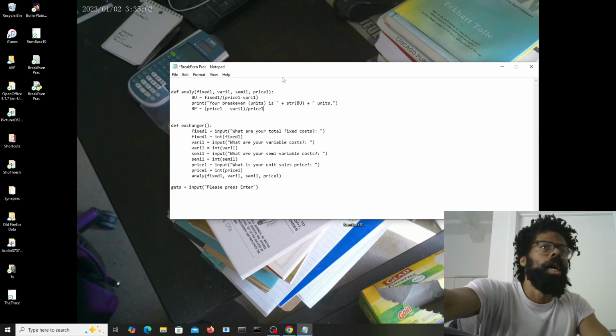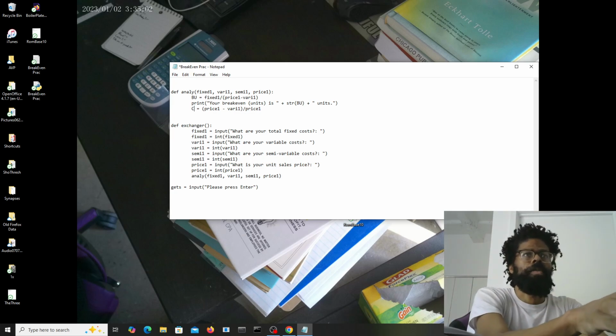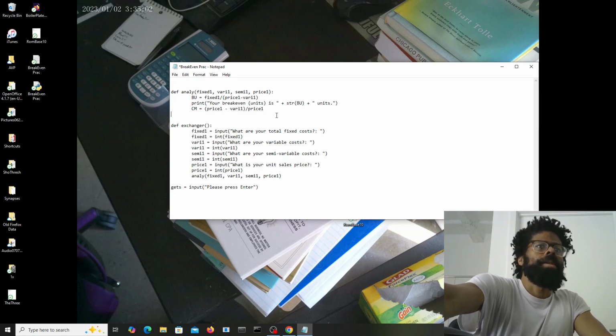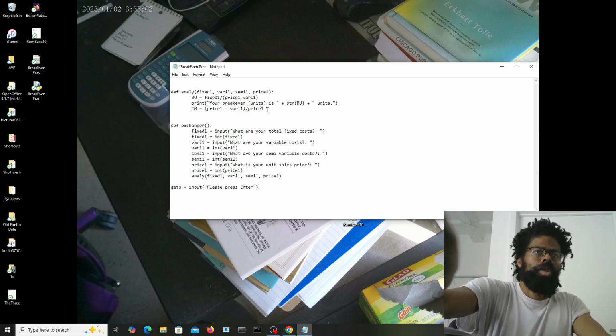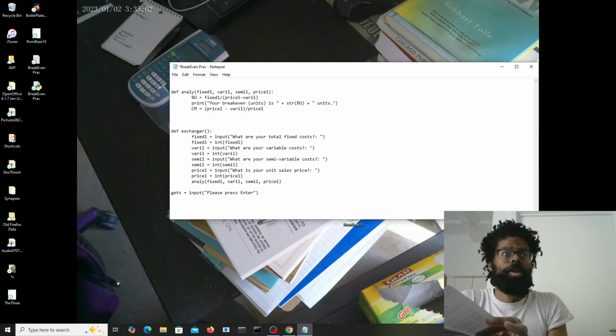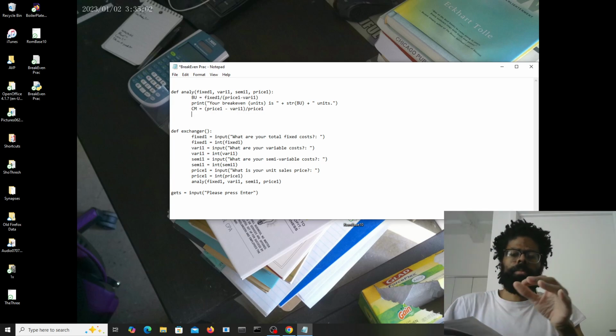Okay. So now this is not the break-even point for price. This is the contribution margin. So the break-even point in dollars equals fixed cost divided by contribution margin.